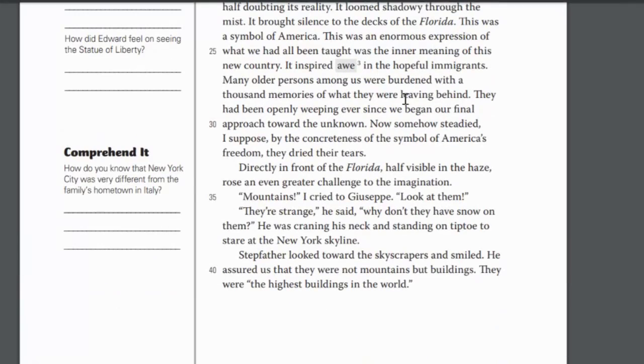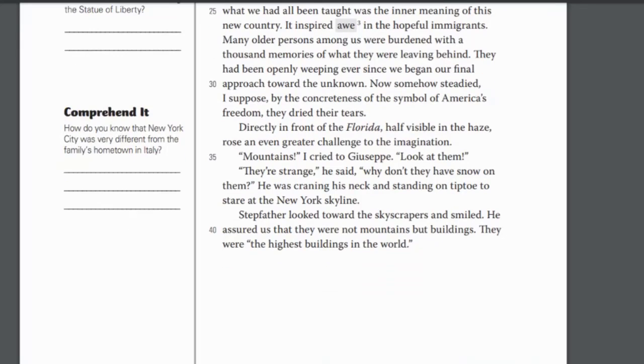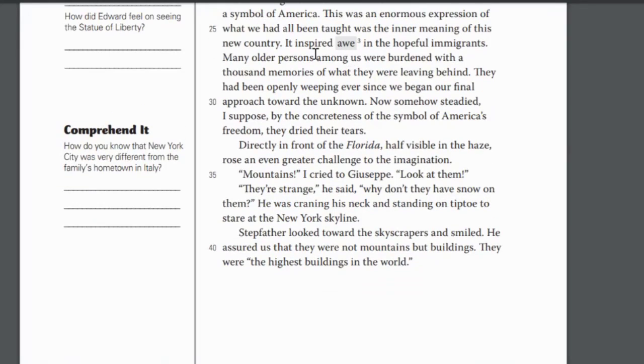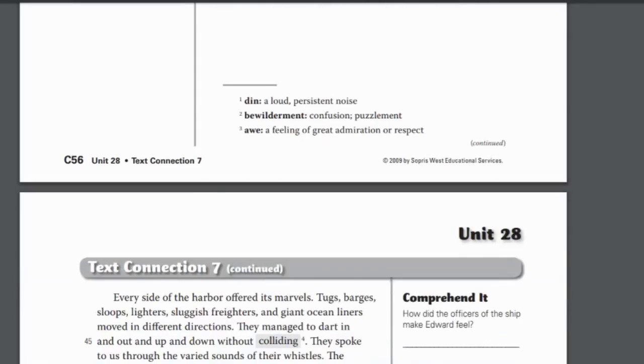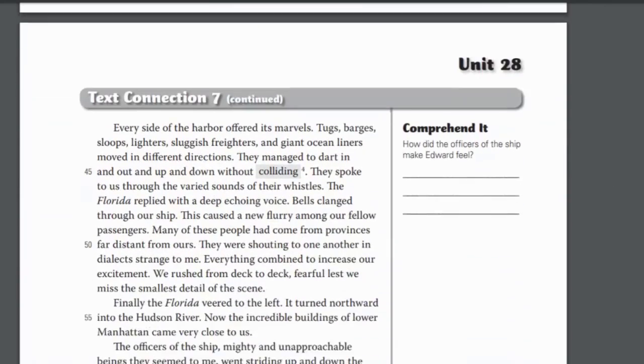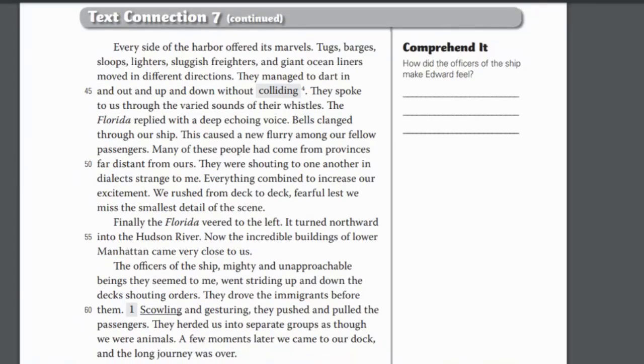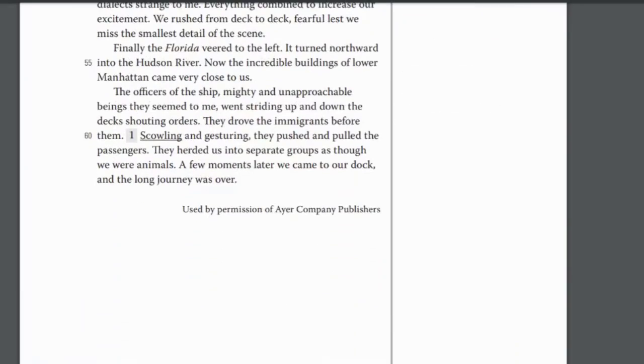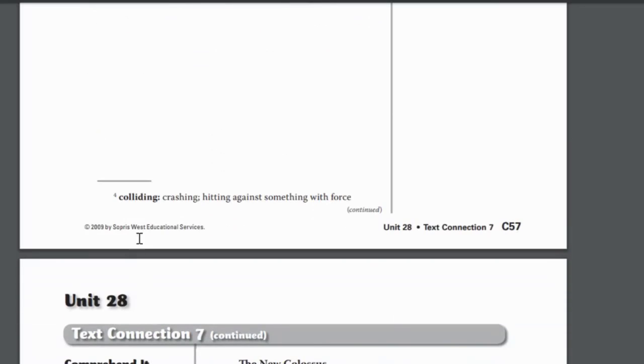Our next one is awe, A-W-E. That's number 3. It inspired awe in the hopeful immigrants. And awe is a feeling of great admiration or respect. Let's go through the rest of these. Our next one is colliding, which is number 4. We'll look at the bottom of the page, and colliding means crashing, hitting against something with force.